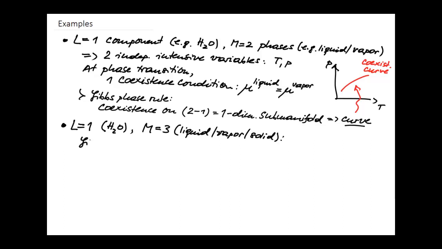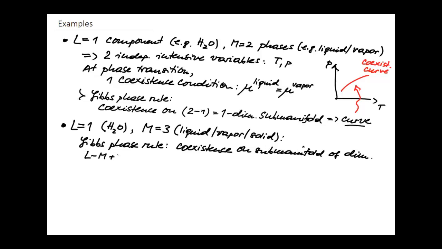Then the Gibbs phase rule tells us that we can have coexistence of these three phases on a submanifold of dimension L minus m plus 2.